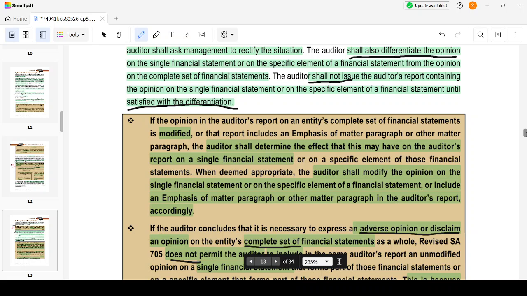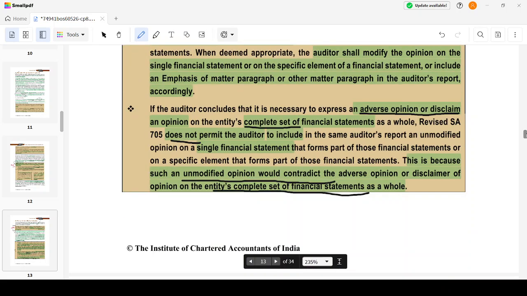If the auditor concludes that it is necessary to express an adverse opinion or disclaimer of opinion, okay, assume on the complete set of financial statements the auditor is going to give an adverse or disclaimer of opinion. Then I am not permitted, listen to this properly, I am not permitted to include the unmodified opinion report to be published together with this report. I should not publish it together with the complete set of financial statements report.